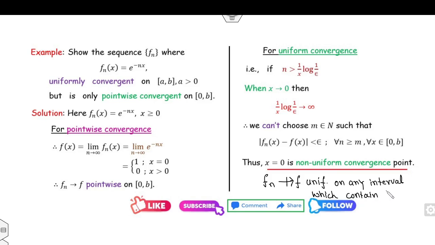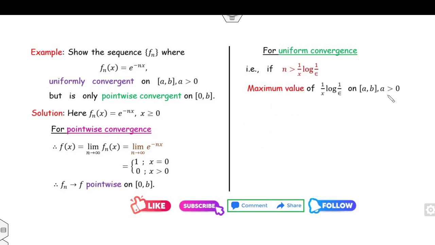On any interval which contains 0, like minus 3 to 7, minus 4 to 9, minus 1 to 1, and so on, in all these cases 0 belongs. So this function is not uniformly convergent on any such interval. Case second, you have to find the maximum value of 1 over x log 1 over epsilon for all x belonging to a comma b.